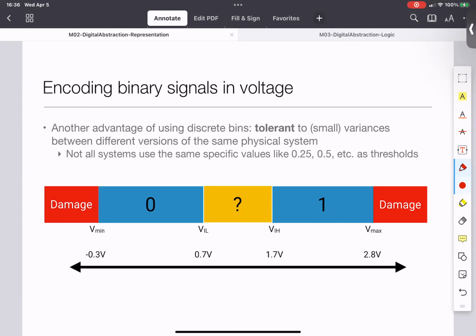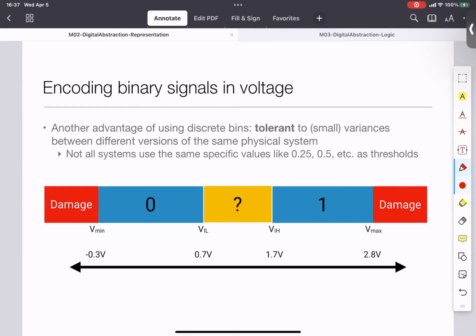So by the time it reaches the destination, it may not precisely lie in the blue regime, and so we can recover the signal at that point.